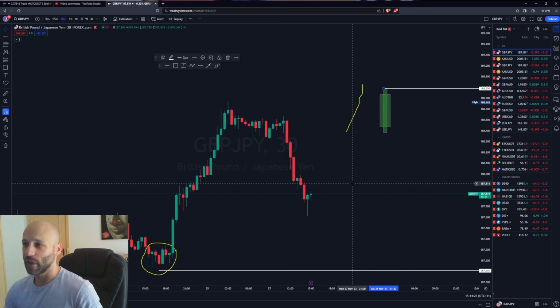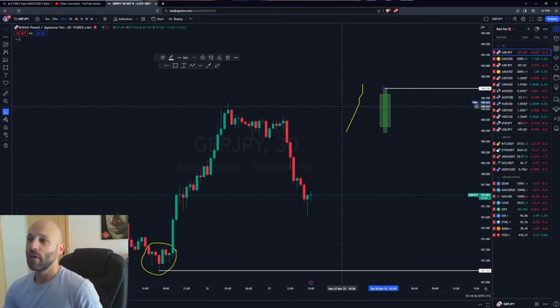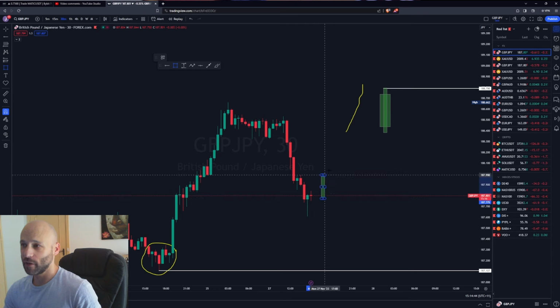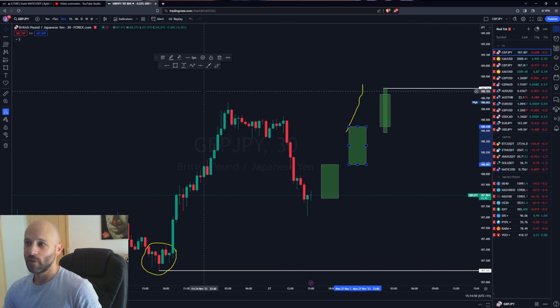What we will then do again is look to the left-hand side of this swing to the upside, this impulse up which created the higher high. Again I'm asking myself, where was the last 2 or more consecutive candle pullback in the opposite direction?